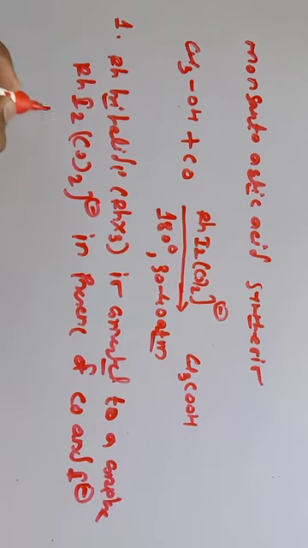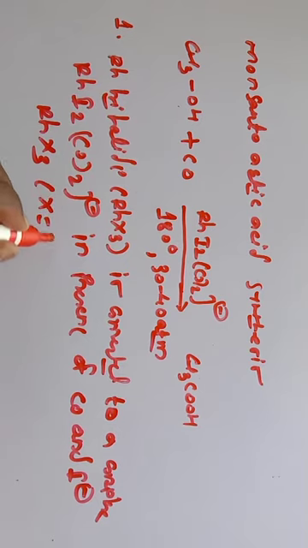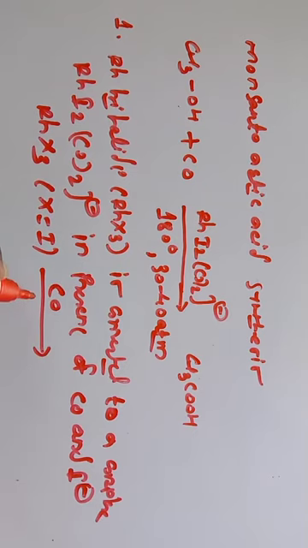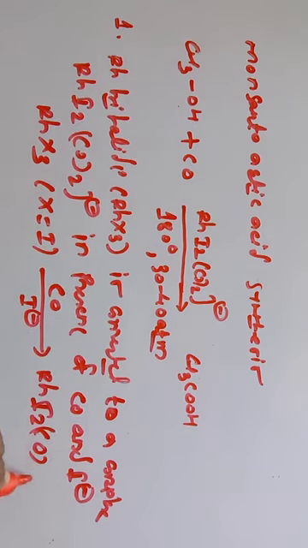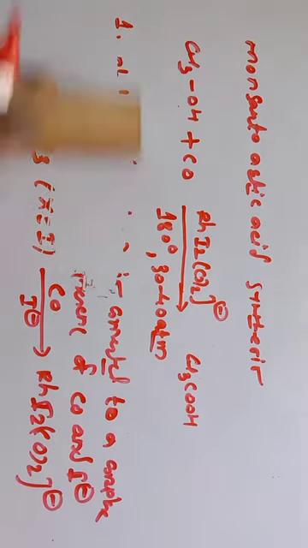So the reaction is RhX3, where X is iodine. It will interact with carbonyl and I minus to form this active rhodium catalyst, [Rh I2 (CO)2] minus. If you consider this, it is a 16 electron species. So this catalyst is formed by the reaction of rhodium trichloride in presence of carbonyl and I minus to get the active catalyst, [Rh I2 (CO)2].